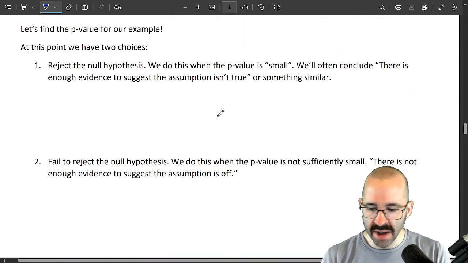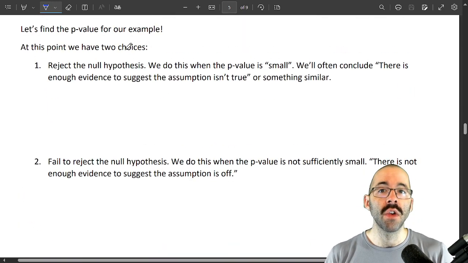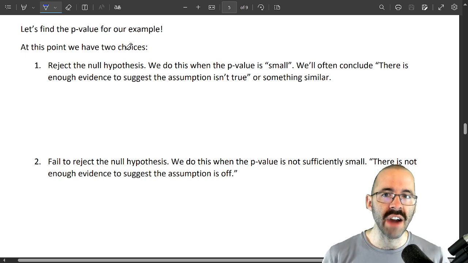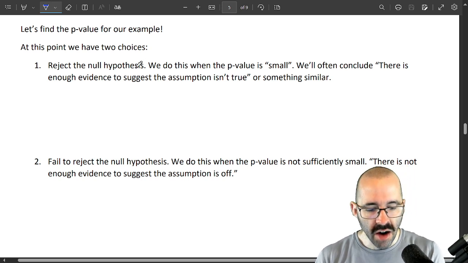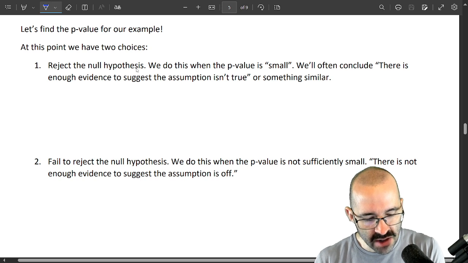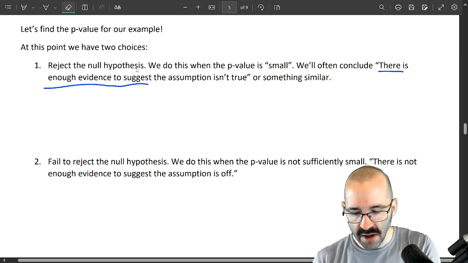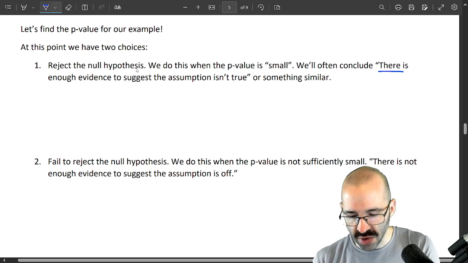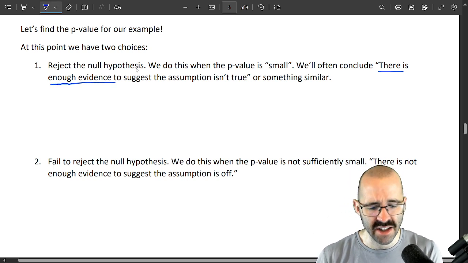In the past, depending on our p-value, if the p-value is low, that's a low chance that this could have happened, so we reject the null hypothesis. A lot of times the wording we use is there's enough evidence to suggest that the assumption isn't true, but that has a lot of negatives in it.